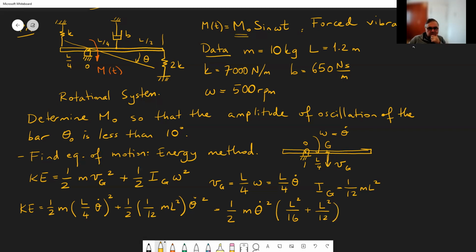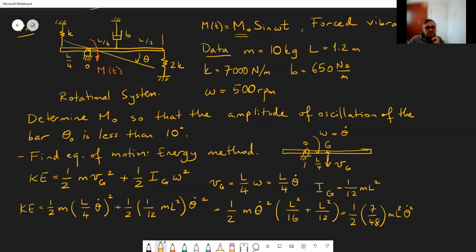For 16 and 12, the lowest common factor is 48. So it's 4 and 3, which is 7. So it is 1 over 2, 7 over 48 mL squared theta dot squared. Okay, this is the kinetic energy of the system.